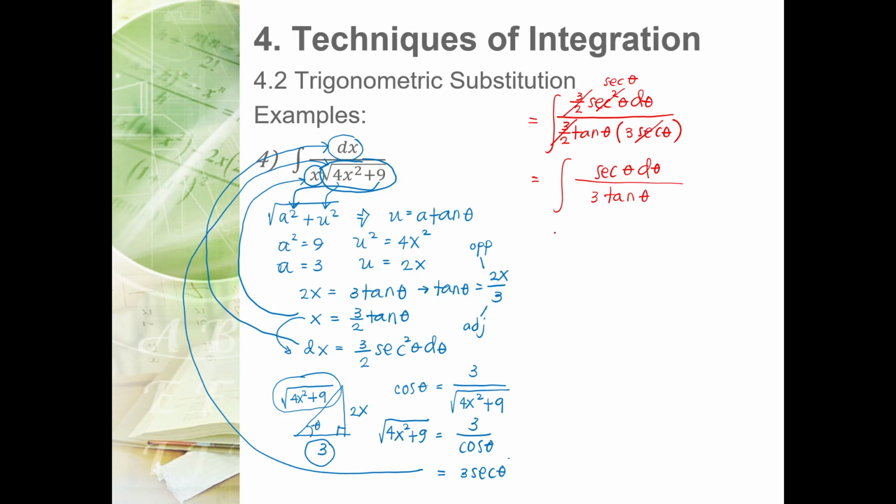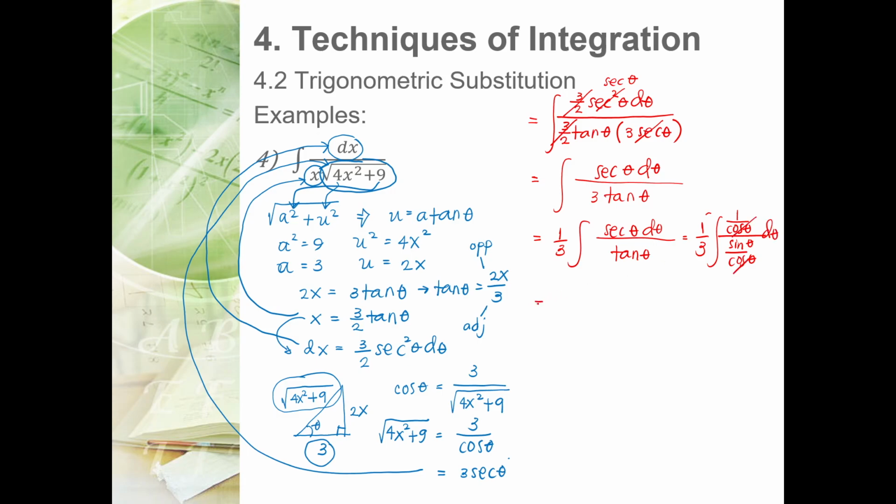I think this one is the same as earlier. So we have secant theta d theta all over tangent theta. If you simplify it even further, this becomes 1 all over cosine theta all over sine theta cosine theta d theta.